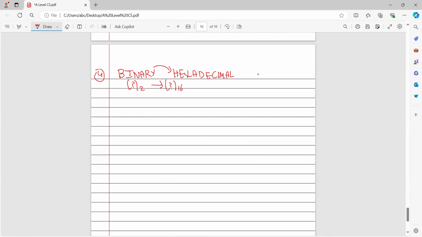So for example, if I have a binary number like 1101 1110. I want to convert from base 2 directly to base 16.